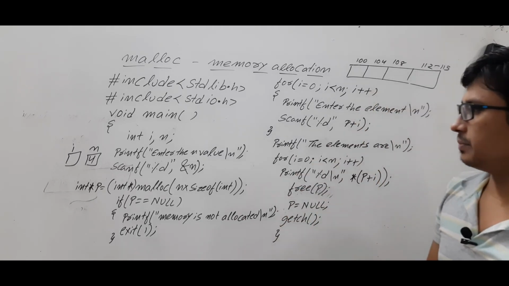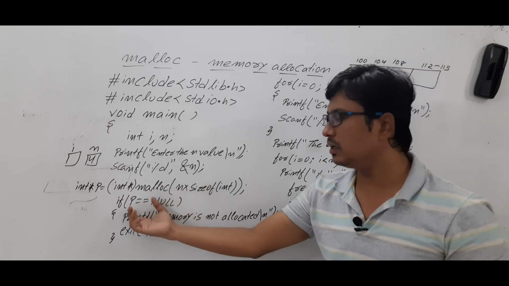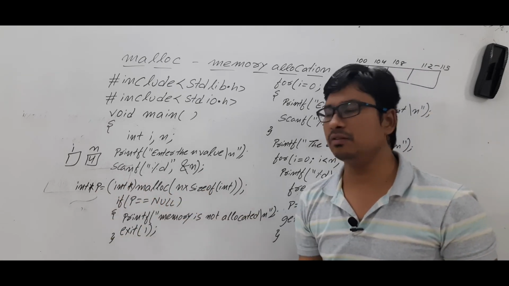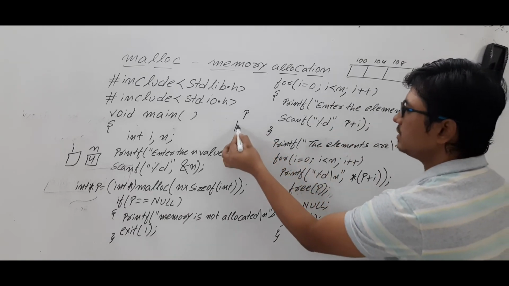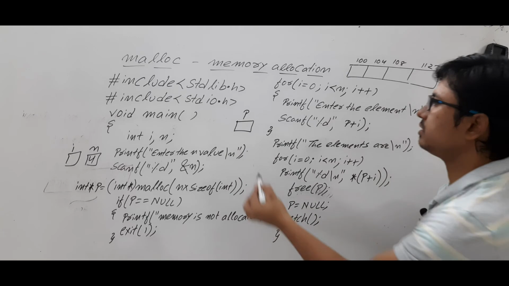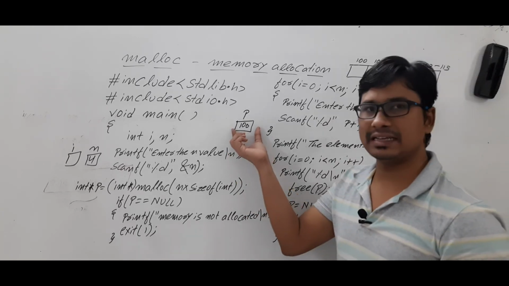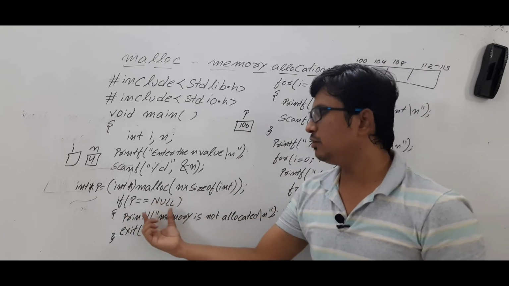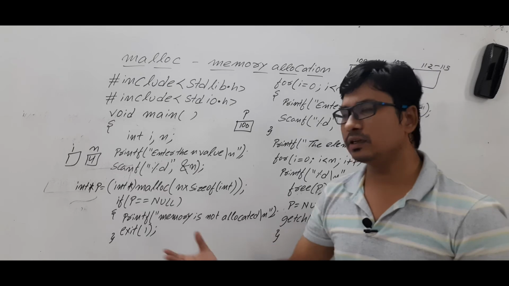Now look at this one. Suppose, let's take that due to some issue memory is not allocated. You know that this function will return a null value. If the memory is allocated successfully, then the base address or starting address, which is 100, will be assigned. If the memory is not allocated, then it will assign a null value. So if p is equal to null, you write that memory is not allocated and you exit.